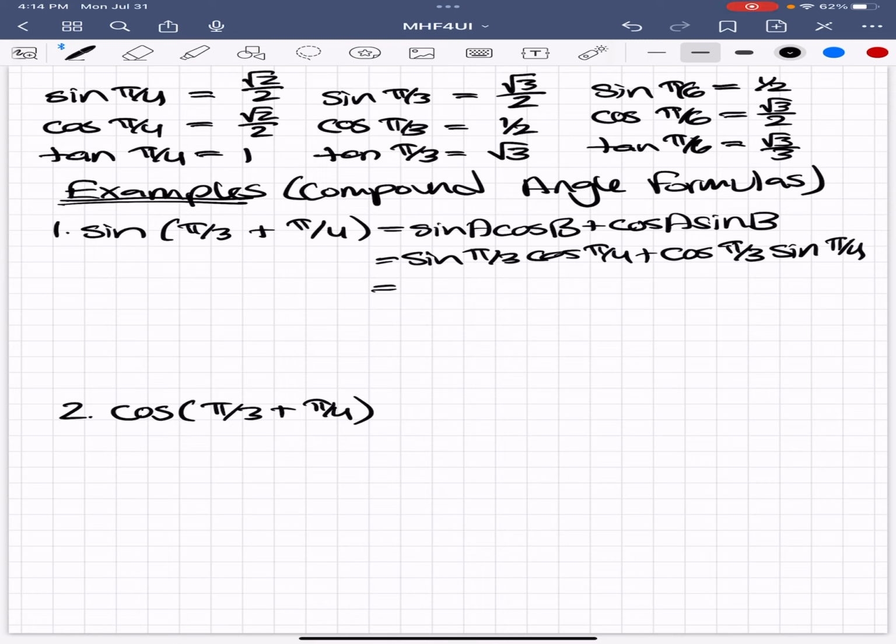Sine pi over 3 is this one. Cos pi over 4 is this one.